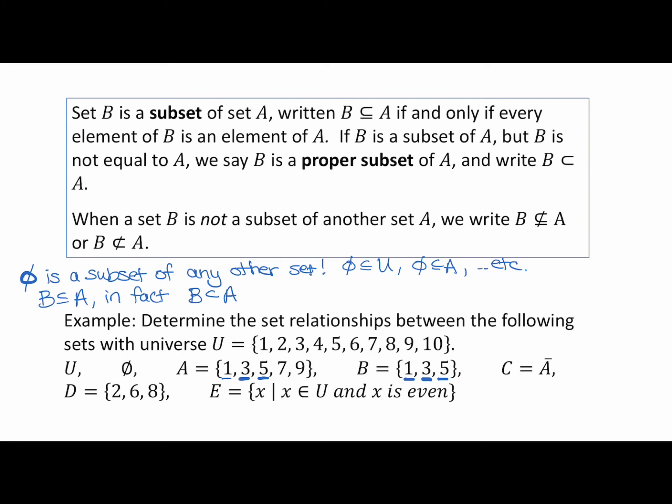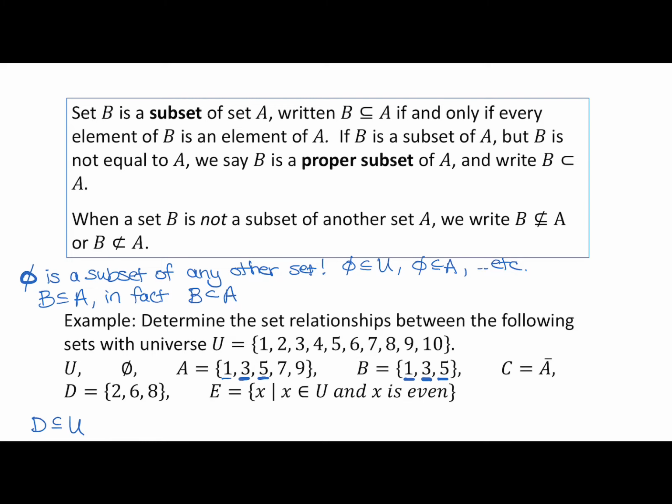Let's see, what about D? Is D a subset of anything? Well, obviously D is a subset of the universe. In fact, any set living in your universe is going to be a subset of the universe. But what about E? E is the set of elements of U such that the element is even.